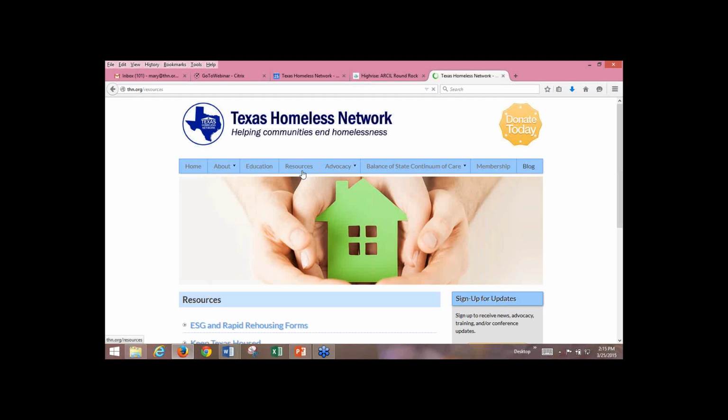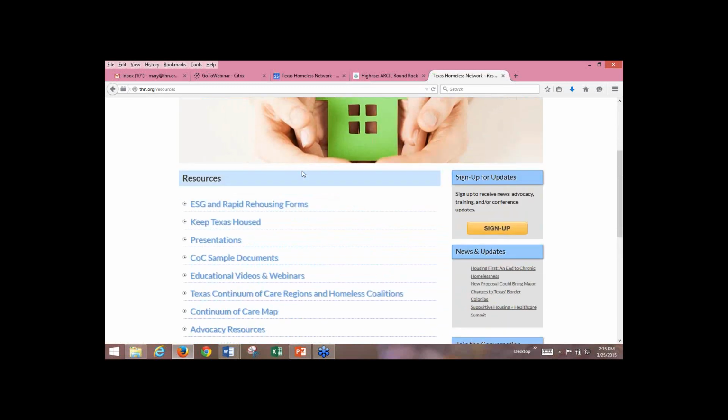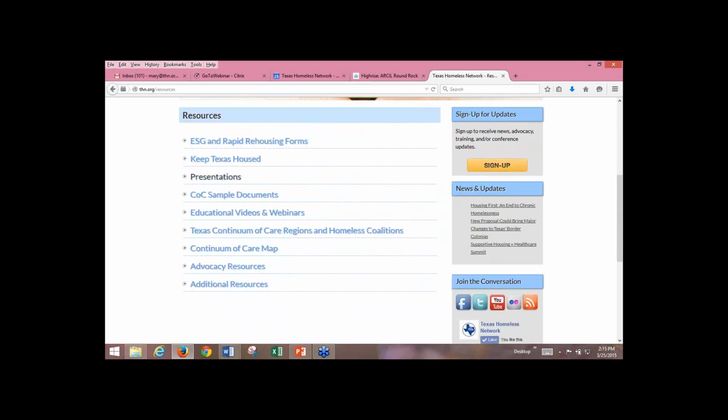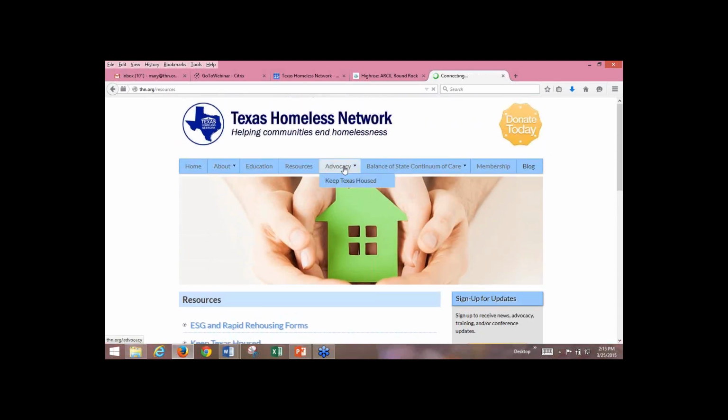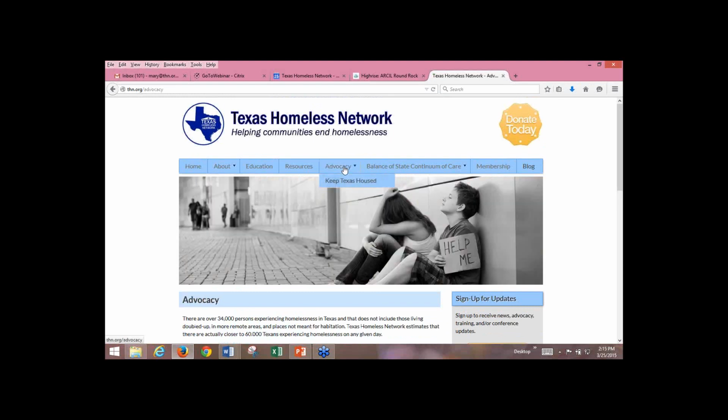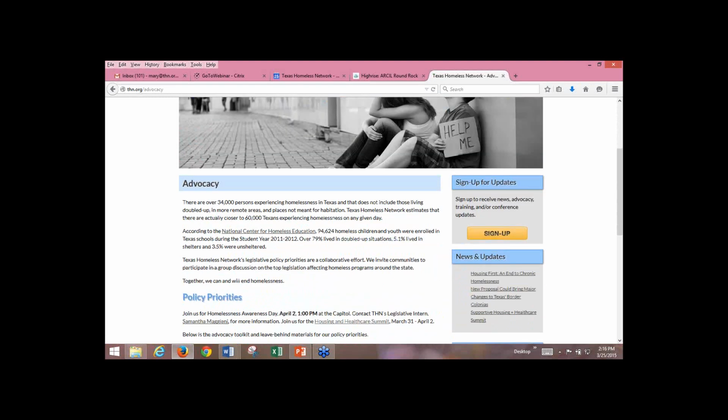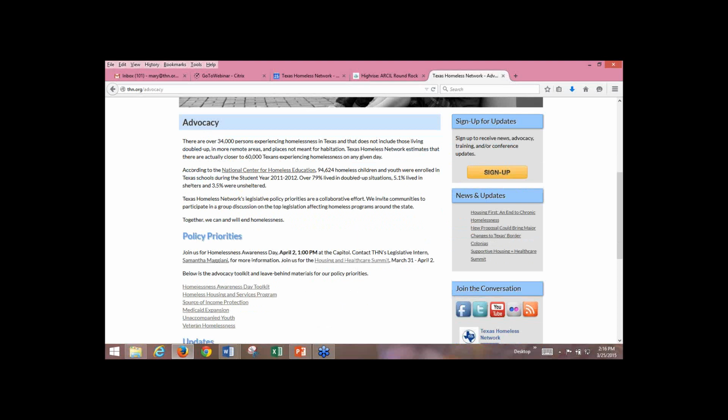Resources, similar thing. We have forms, data, sample documents, the COC map, all kinds of things that you can use. And advocacy, in this tab, you'll see there is very recent data because the Texas legislature is currently in session, and we've got our policy priorities listed here and some handouts about the most important issues that THN is working on during this legislative session.